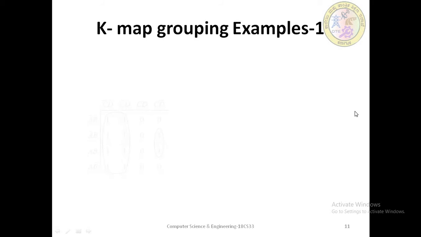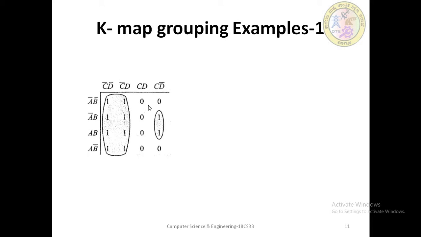So these are some of the rules we have already started with. Here you can see we can have an option of 8 and 2. The result is C bar; this all cancels out, and here you can see A bar cancels out, it's B, and C D bar.